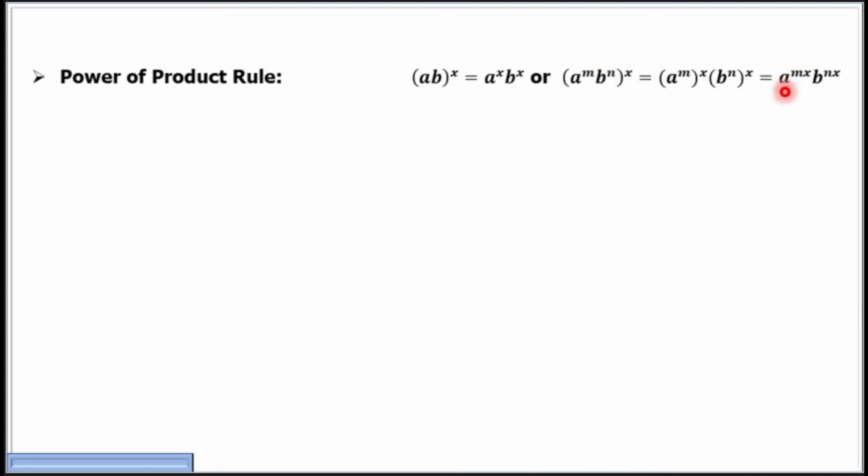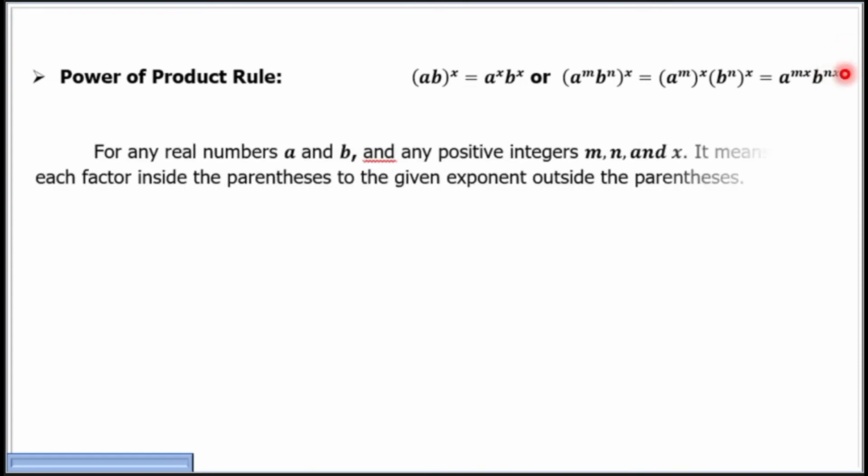That is equal to a raised to the power of m x times b raised to the power of n x. For any real numbers a and b and any positive integers m, n, and x, it means to raise each factor inside the parenthesis to the given exponent outside the parenthesis.